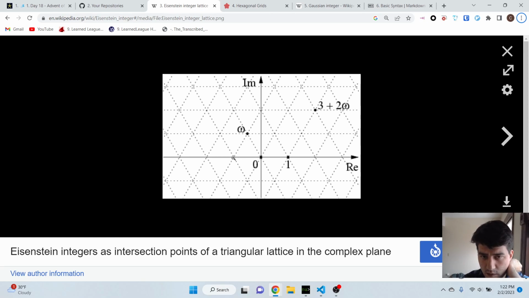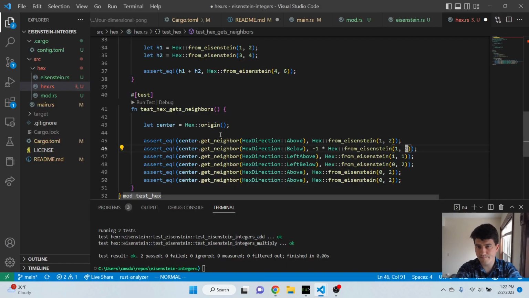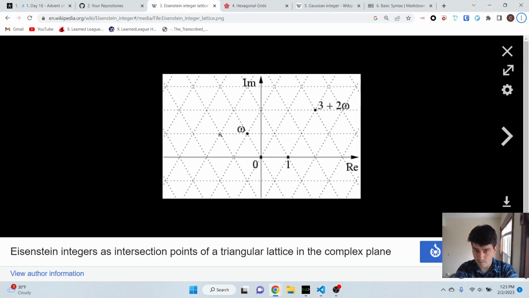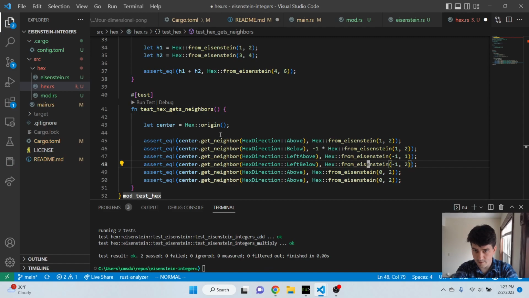And then -1 plus w is left above, so -1 plus w. And left below is the same thing. No, that's not right.